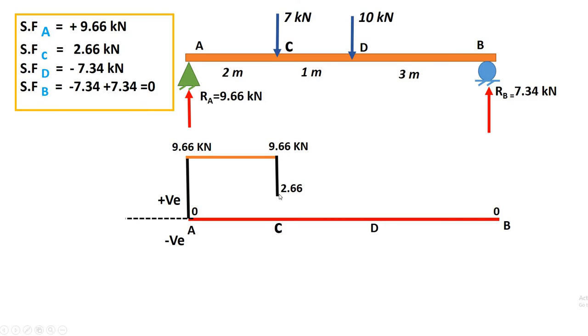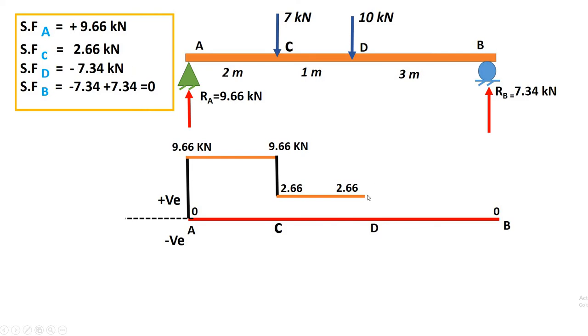Now in between C to D part, do you have any load? We don't have any load, so we have a constant shear of 2.66 up till just left of point D. Now at D we also have 10 kilonewton, so our value is decreasing to minus 7.34.